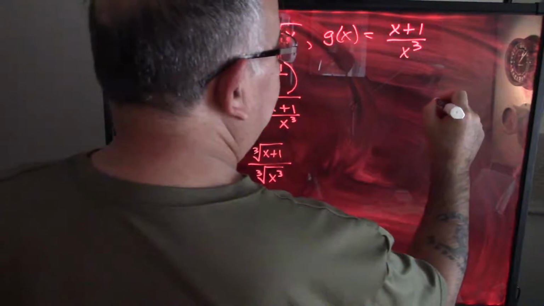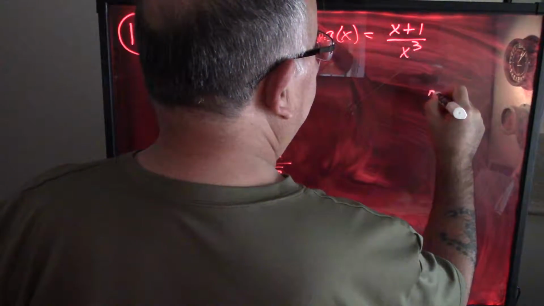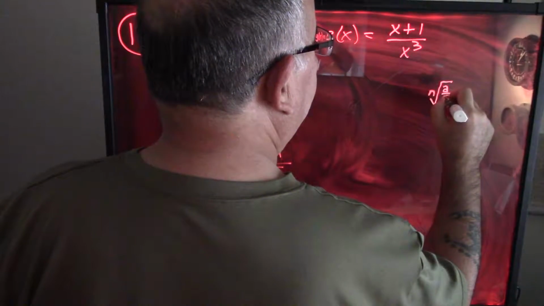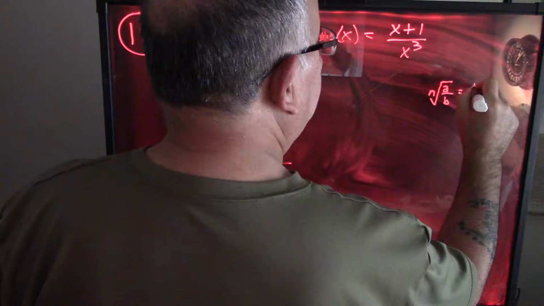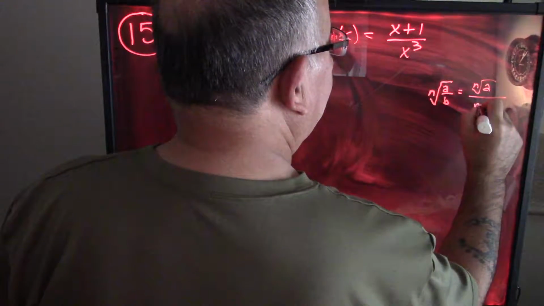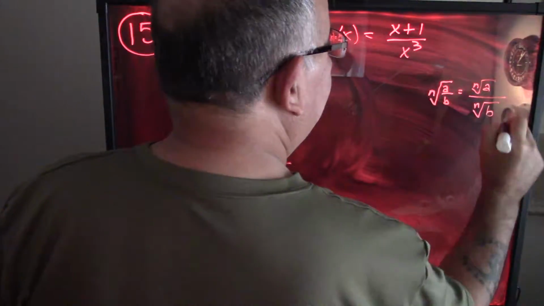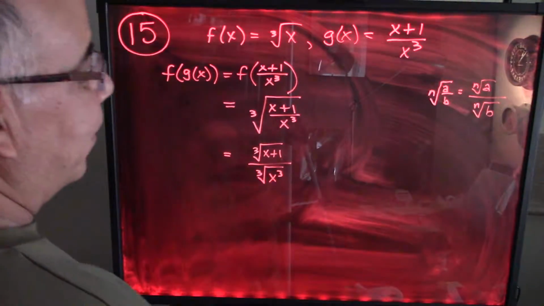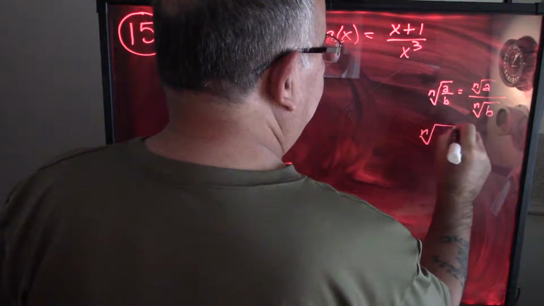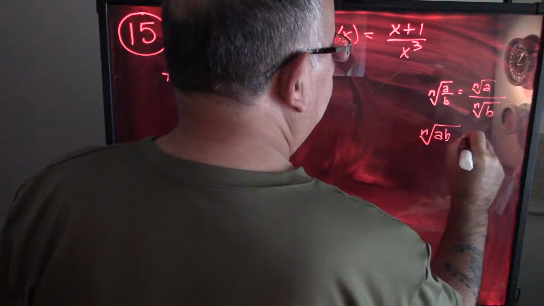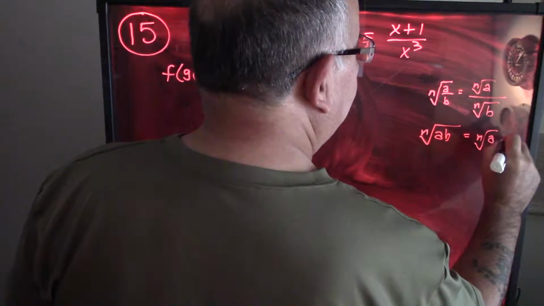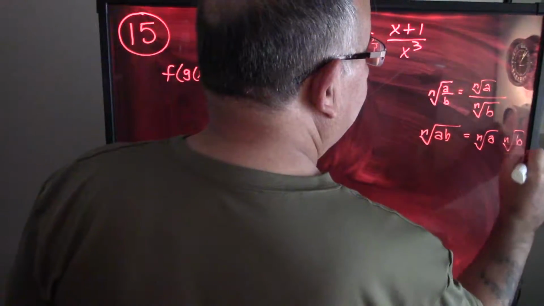So if you have an nth root of a over b, that equals the nth root of a over the nth root of b. Similarly, if you have the nth root of a times b, that equals the nth root of a times the nth root of b.